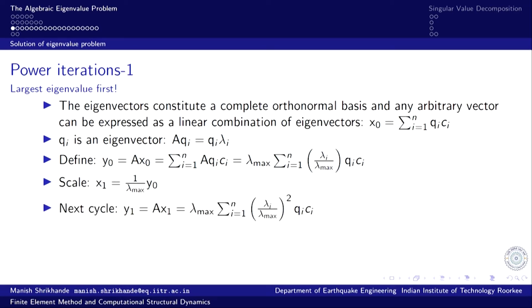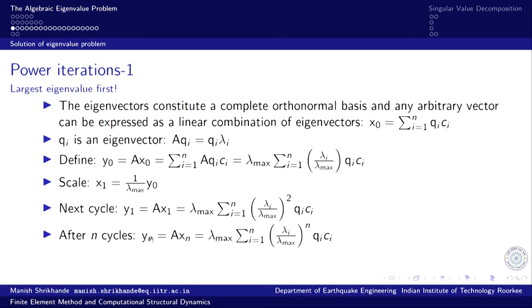So, the next cycle begins, and again I take out lambda max as a common factor, and this term now is amplified by one power. So, the ith term of this expansion is now weighted by lambda i by lambda max squared, and lambda max can again be used to scale and find out the next iteration.